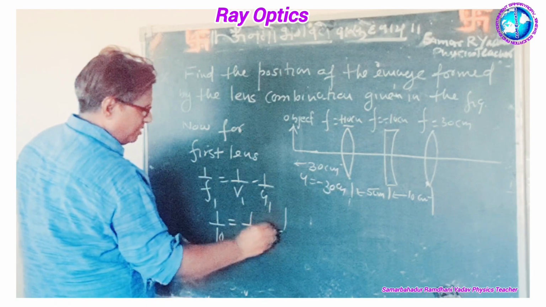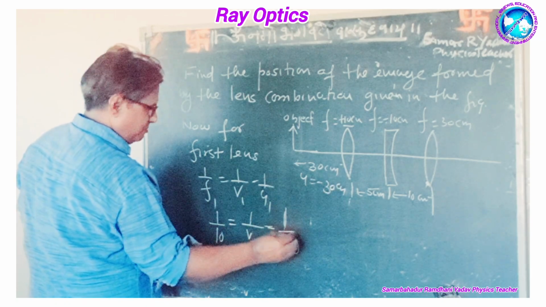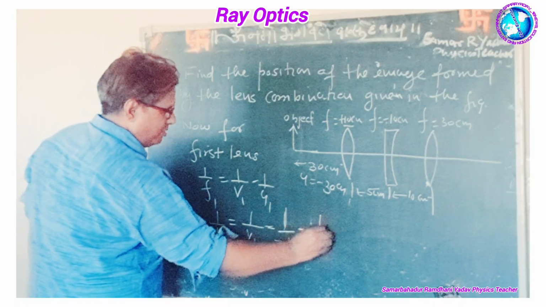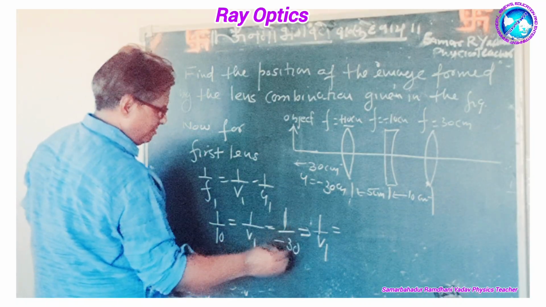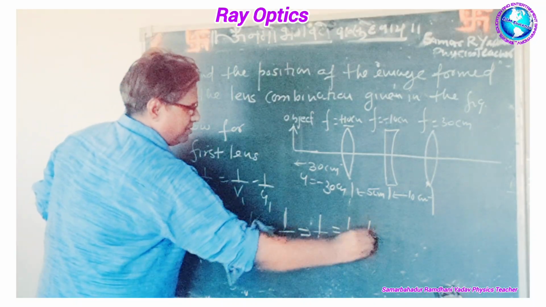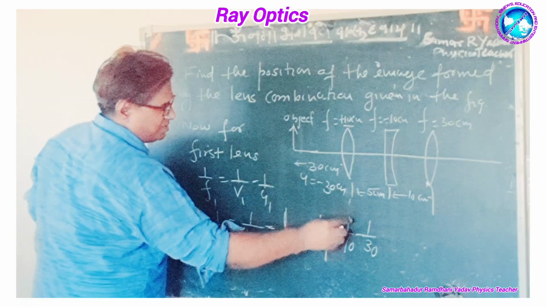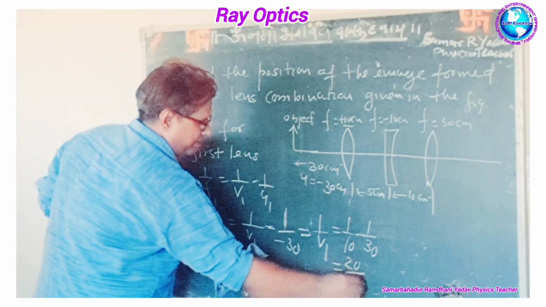So we can write minus of minus 30. Therefore 1 upon v1 is equal to 1 upon 10 minus 1 upon 30. Taking LCM, we get 20 divided by 300.